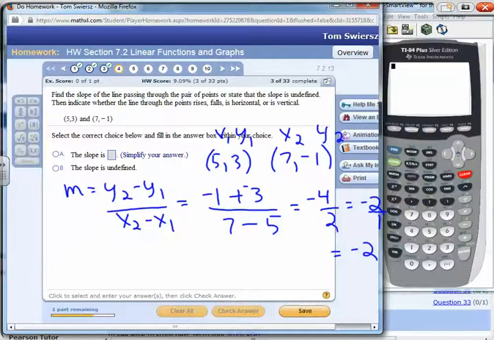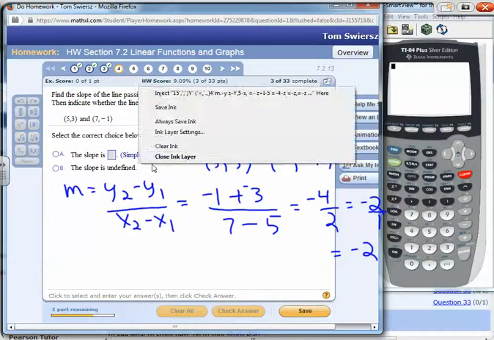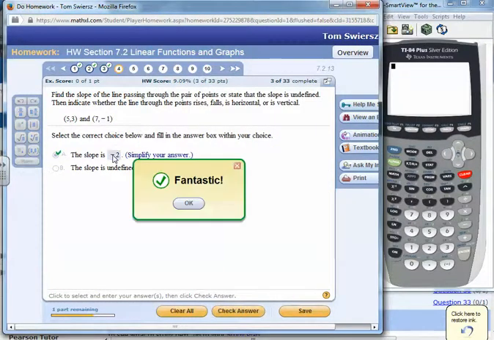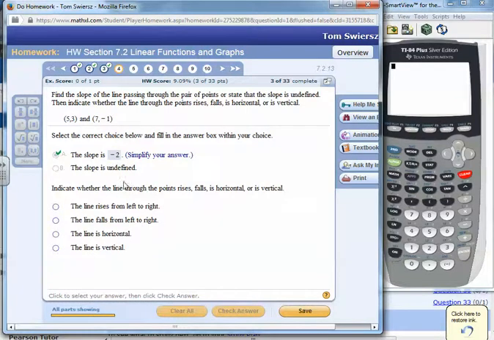So when the denominator is 1, the slope is just a whole number, and in this case you can just put in a negative 2. Okay, so let's go ahead and put that in to make sure that is the way they want the answer. There you go, right, and the slope's negative. Remember, when the slope is negative, the line falls from left to right.